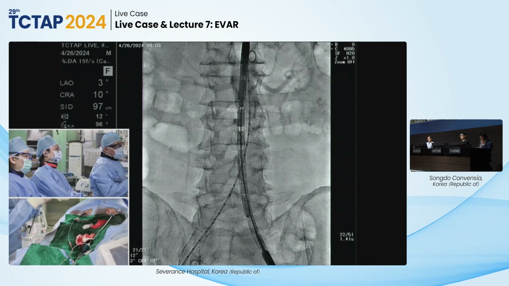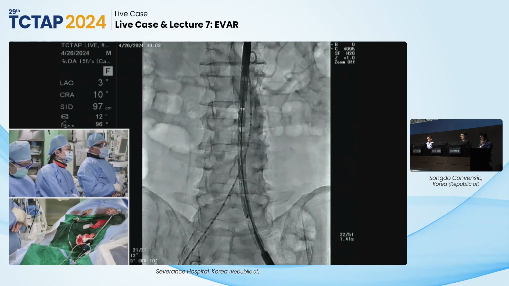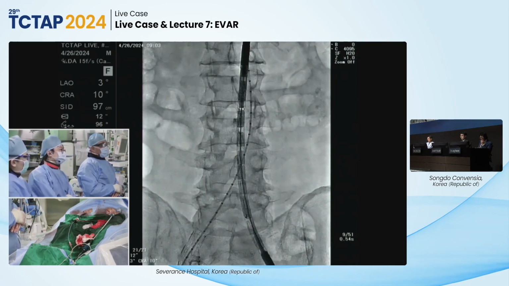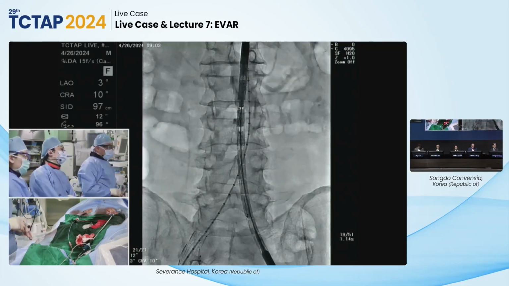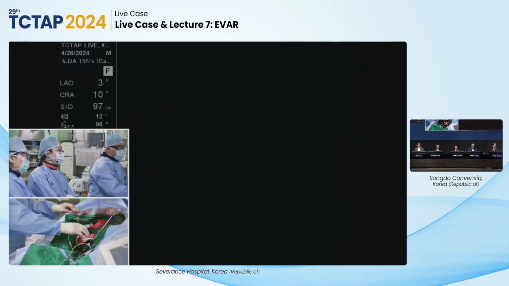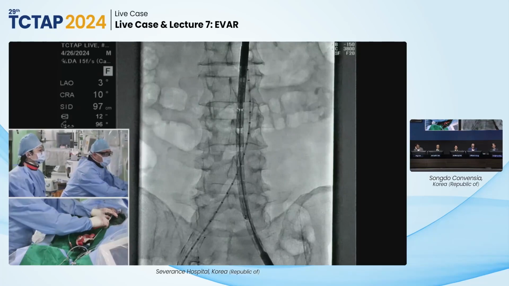But since the aorta length is okay, long enough, I think we'll try to target the right renal artery origin. So we check the direction of the main body.